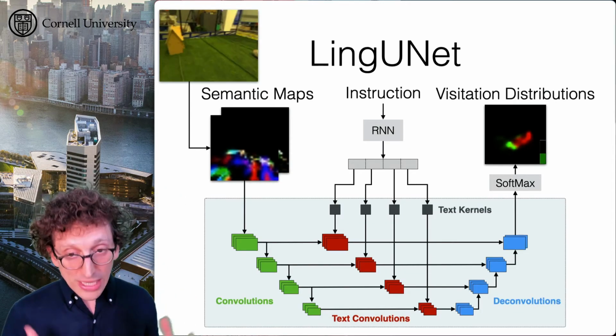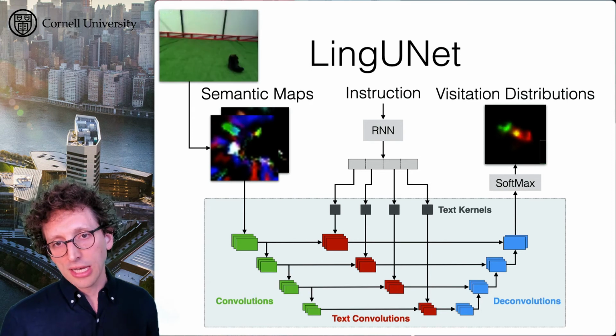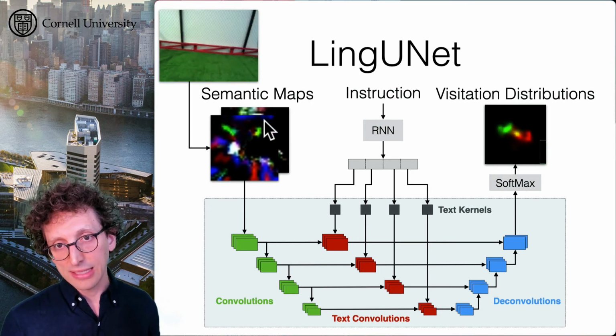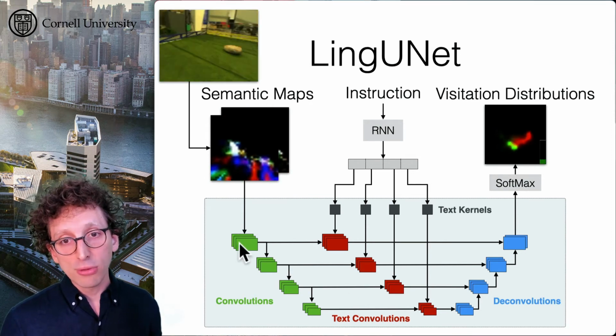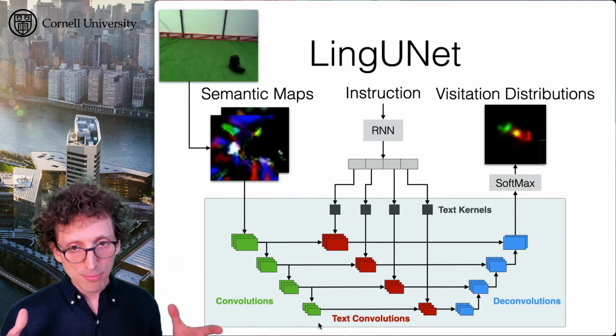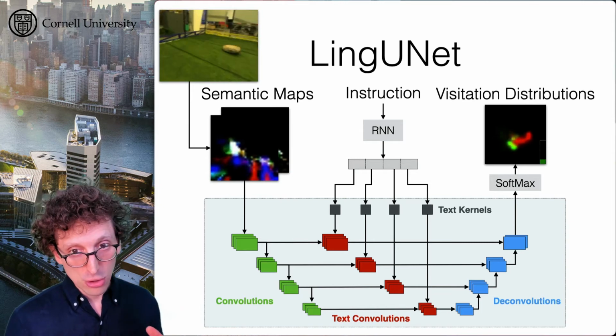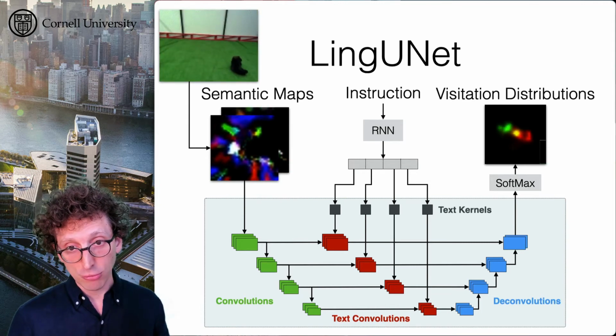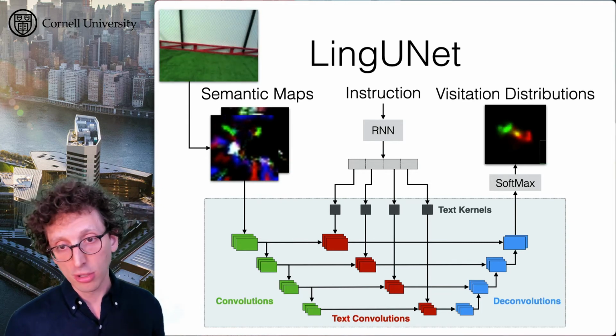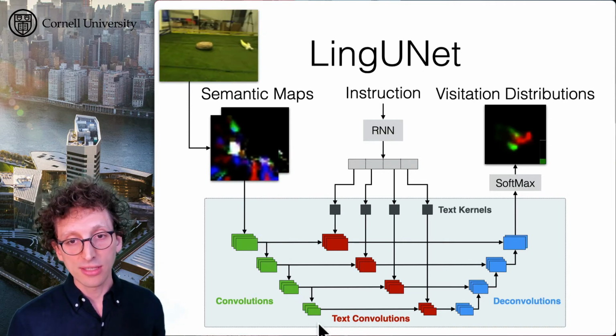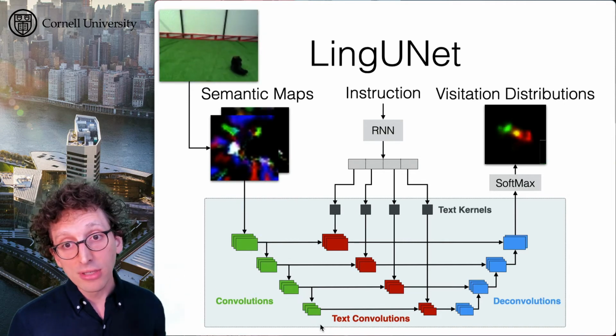So just to give you a quick idea of how LingoNet is structured, we have the semantic maps that we are getting as input here. They're going through a series of convolutions that generate feature maps of coarser resolution, or if you would like, lower and lower resolutions, through a number of levels.